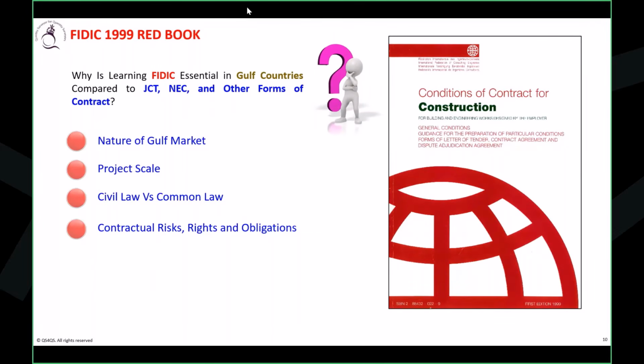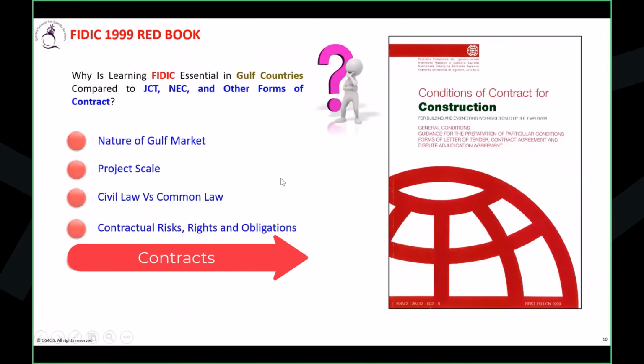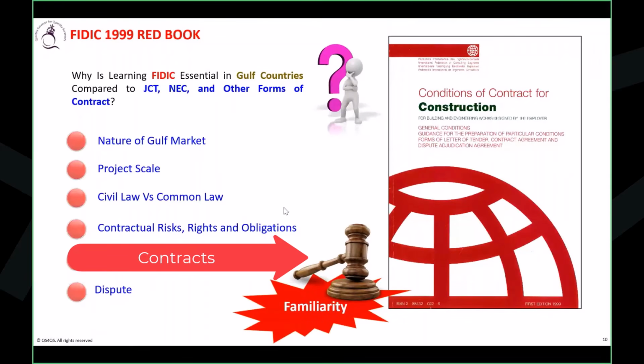Therefore, understanding the roles and responsibilities between the parties is very important. FIDIC gives a balanced risk sharing mechanism between the parties, and also for disputes. If the risk is not shared correctly, the dispute will come. So the parties must practice a condition of contract with which they are very familiar.